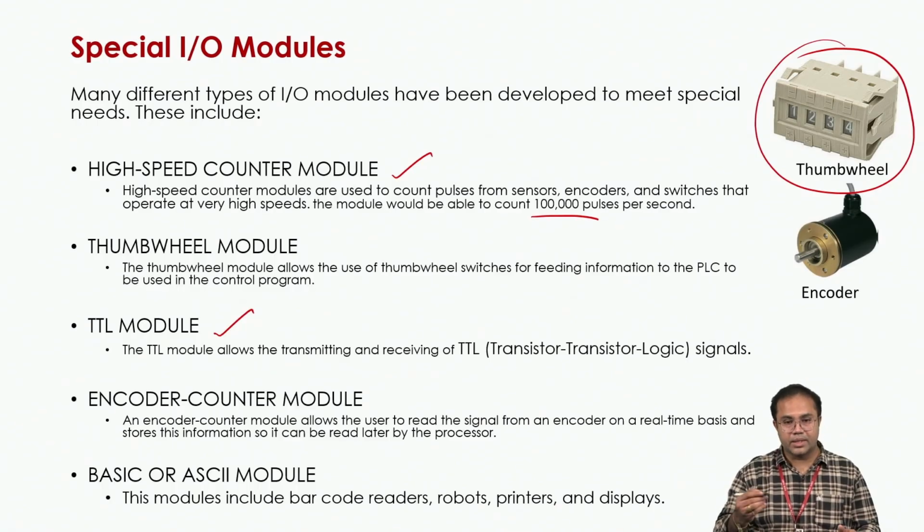Then for digital applications, we have the encoder counter module and the ASCII module. ASCII stands for American Standard Code for Information Interchange. These modules can mostly be used for barcode readers, printers and display purposes, right?